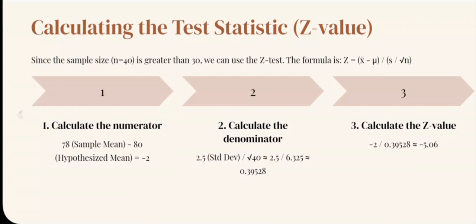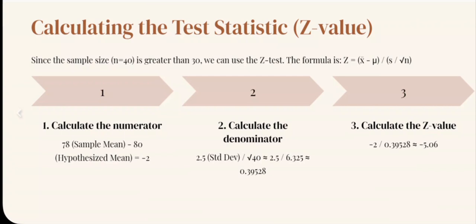So we're going to use this formula. It's x bar minus the hypothesized mean, over the sample standard deviation divided by the square root of n. So x bar is 78. The hypothesized mean is 80. The sample standard deviation is 2.5 over the square root of 40. 78 minus 80 is negative 2.